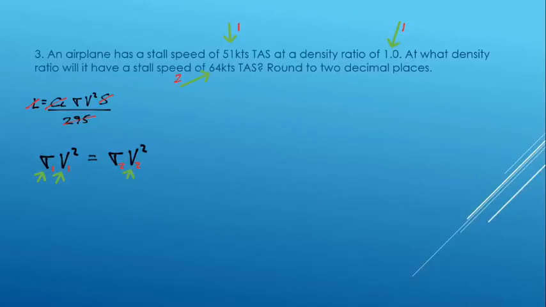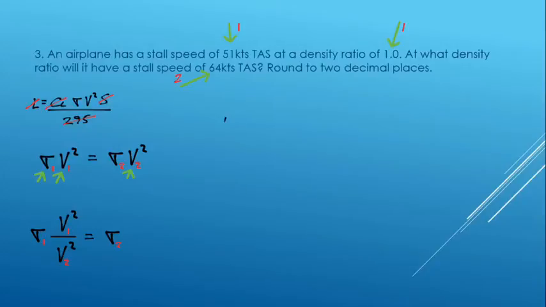We have three knowns. The green arrows are showing what we know, and then we algebraically solve that for density ratio of condition 2. So we're going to solve that formula for that unknown, just algebraic manipulation for the unknown on one side of the equal sign.